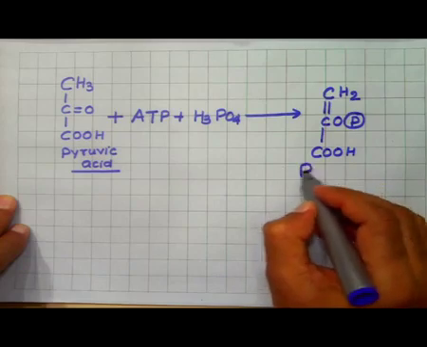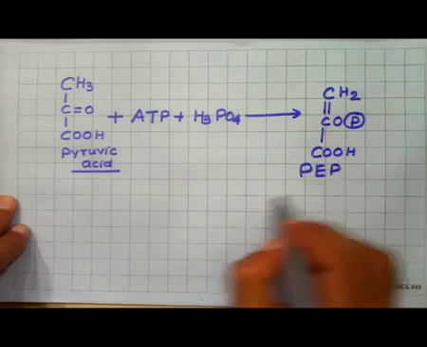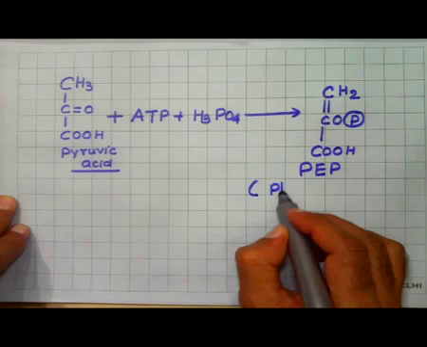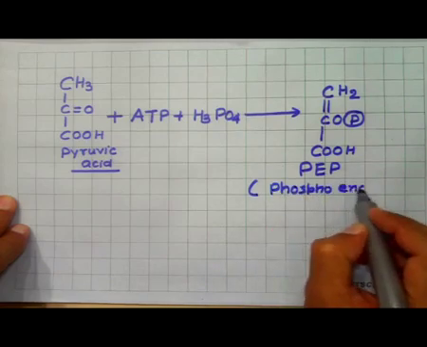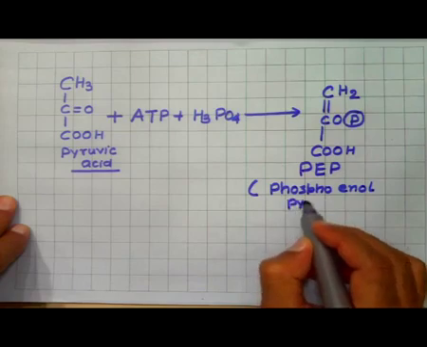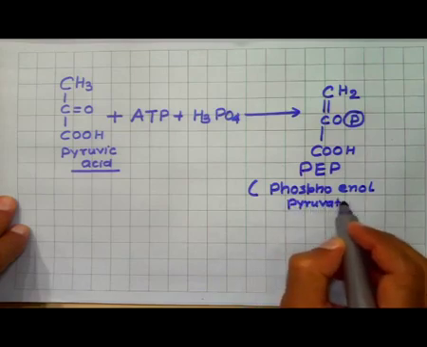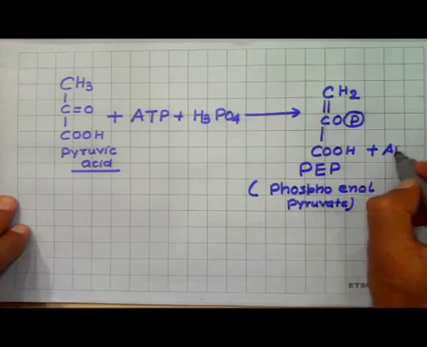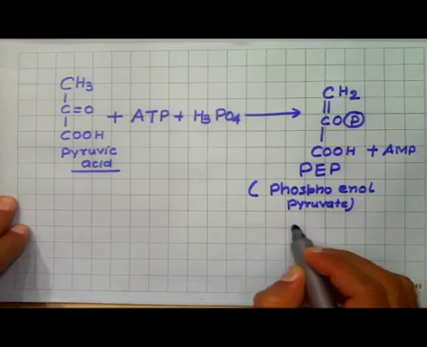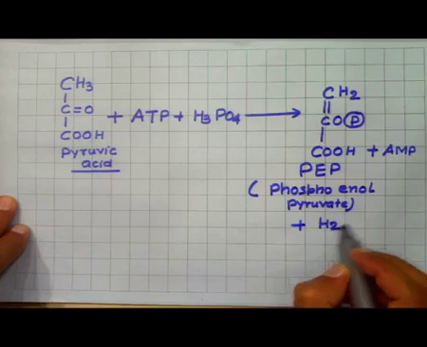This is PEP. It is also called phosphoenol pyruvate, and the ATP breaks down, forming AMP plus H2O.